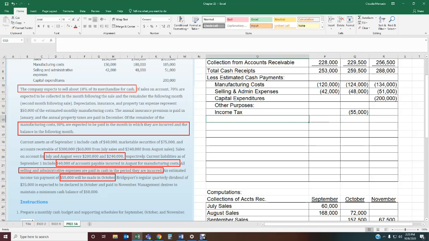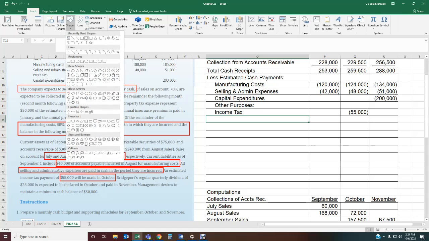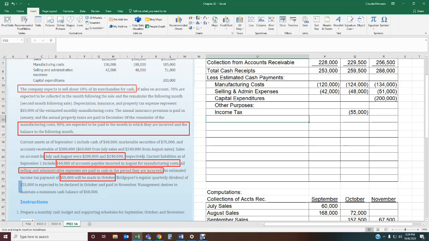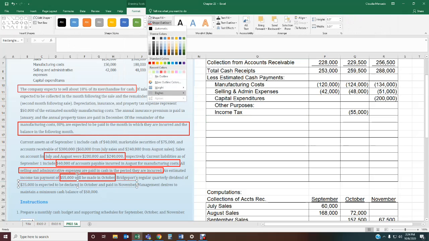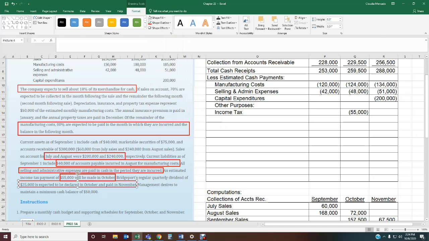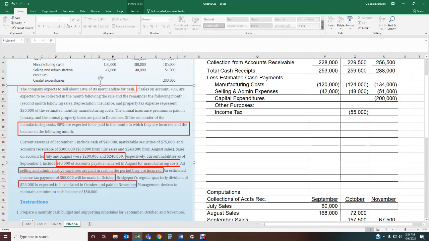Now, the problem also says Bridgeport regular quarterly dividends of $25,000 is expected to be declared in October but paid in November. Okay. So that is also very important because we're going to pay out $25,000 in dividends in the month of November. We're going to declare them in October, but we're going to pay them in November. So we're going to go ahead and do dividends. Okay.